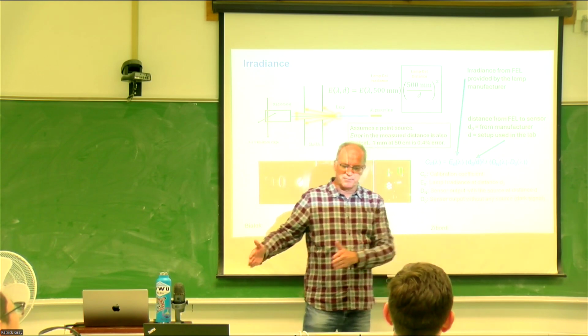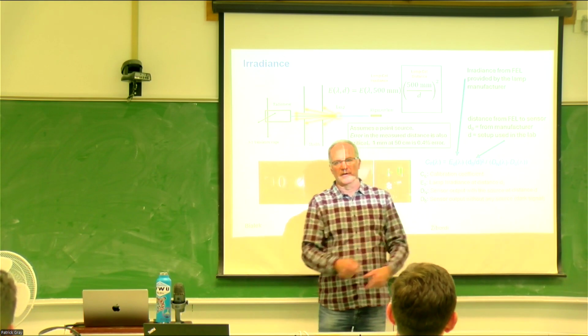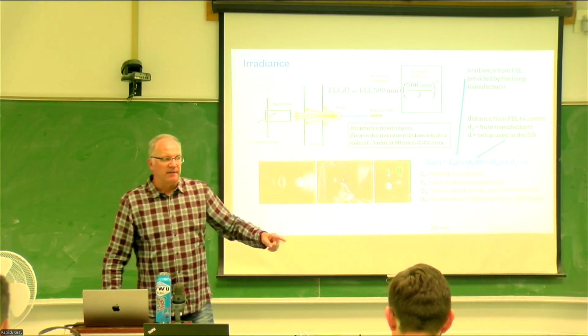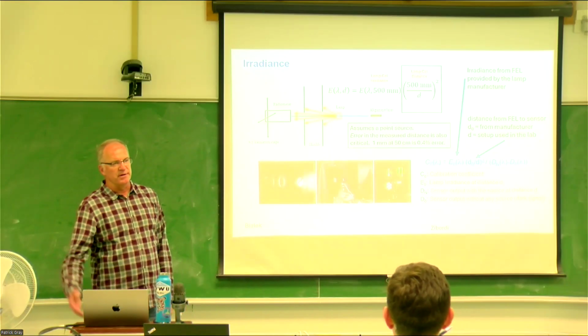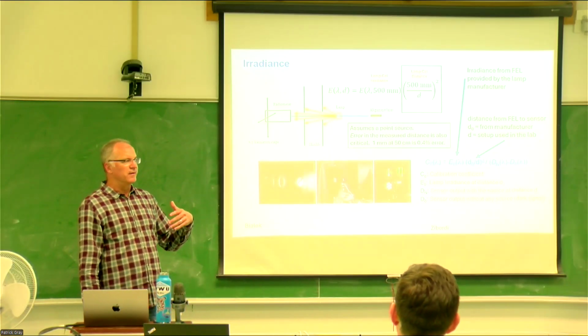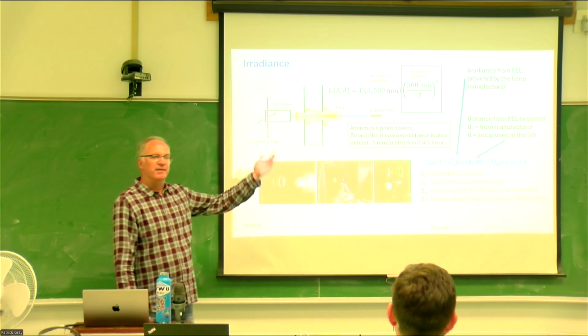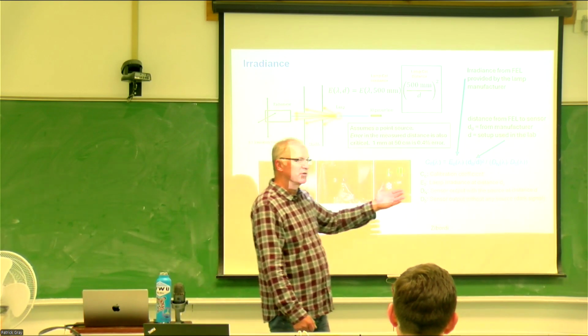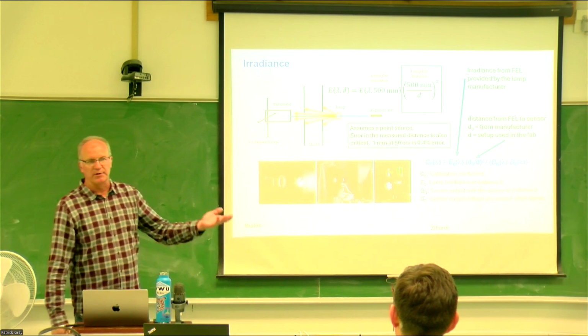So every step of the way, you're doing this transfer. That's why it's called traceable. It all goes back to the physics of what a black body radiator does. So it's all based on the T to the 4th temperature dependence of the emission of a light source.